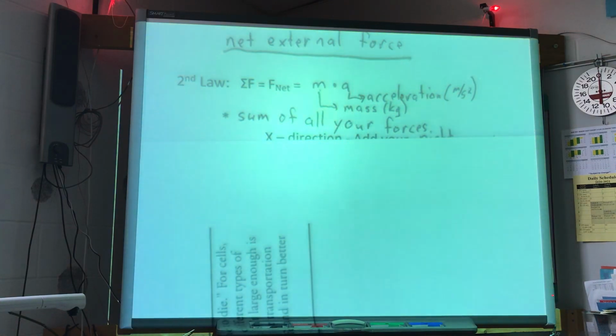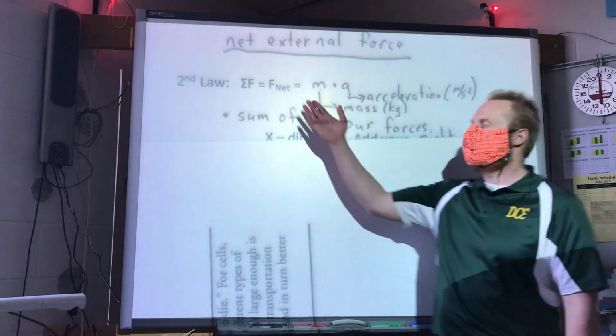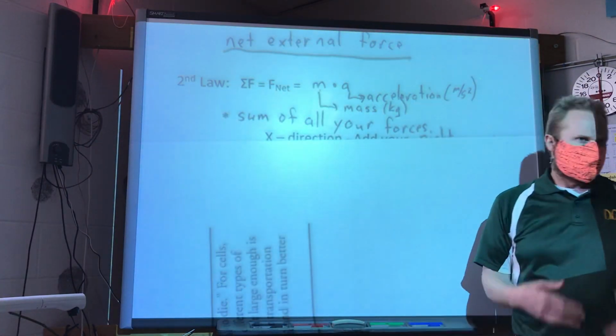Now, if your acceleration is 0, times whatever the mass is, your F net is going to be 0. Or if your acceleration is not equal to 0, then your F net is not equal to 0, right? Because if any object has mass, some number that's not 0, it could be 1, it could be 1,000, but you take two non-zero numbers and multiply them together and you get another non-zero number. So it has some value.